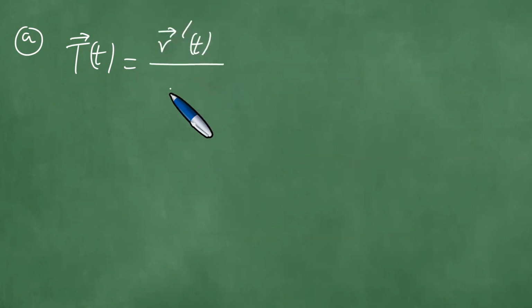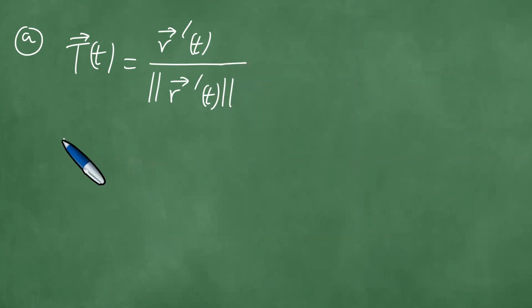Right, so the unit tangent vector T of the variable t is given as follows: r prime of t, r prime of t, which means we have this. Right, obviously, we note a couple of things here, that the vector r of t is not 0.